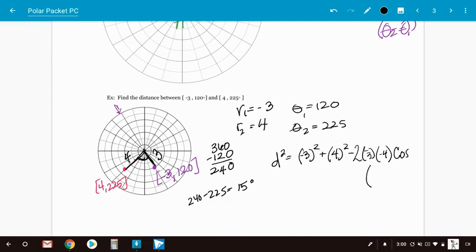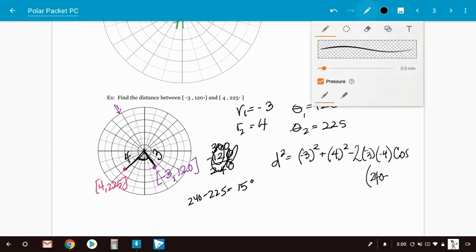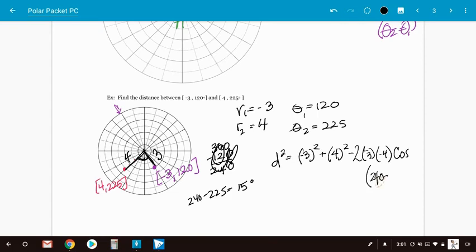I ran out of room again, and I'm going to say 240 minus, I did something wrong here. Should stop and think about what I'm doing. This wouldn't subtract 120, so it shouldn't be 240. This is the worst part about doing them online, is you guys get to watch my mistakes.